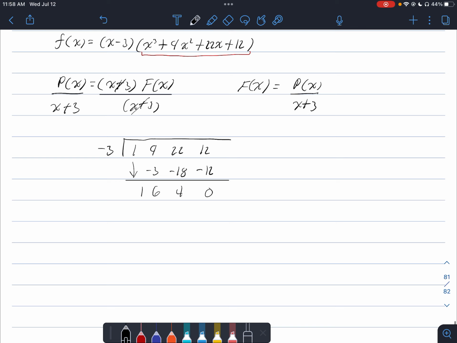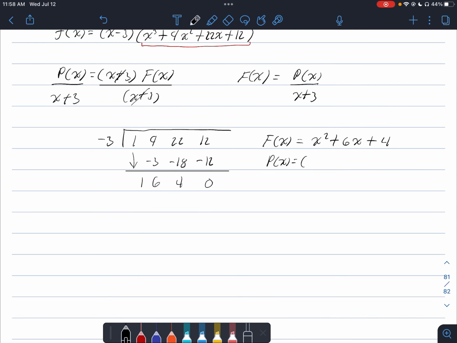So that means that f of x is going to be equal to x squared plus 6x plus 4. So p of x can be written as x plus 3 times x squared plus 6x plus 4.